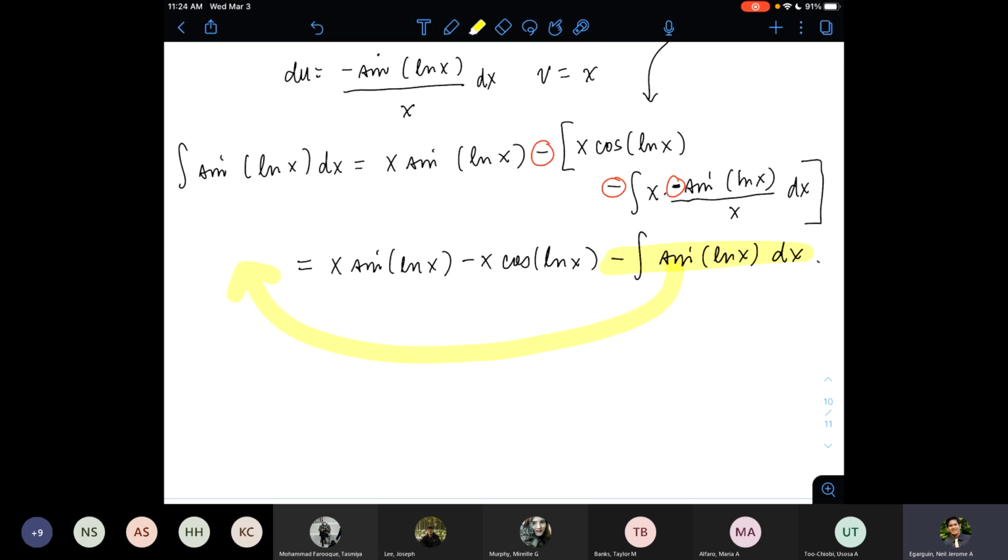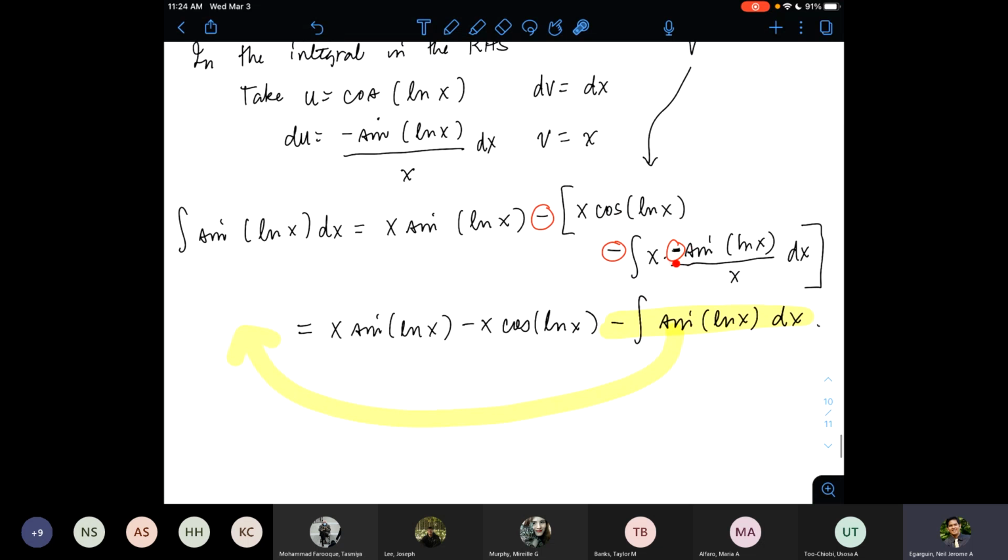It wouldn't be a plus, Arsalan, because here I have a negative sign from the du, multiplied by the negative sign from uv minus integral of v du. So that becomes positive, but it is inside a big bracket with a negative sign, so it will become negative.